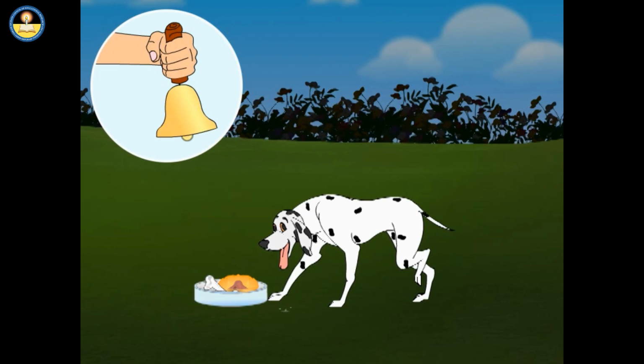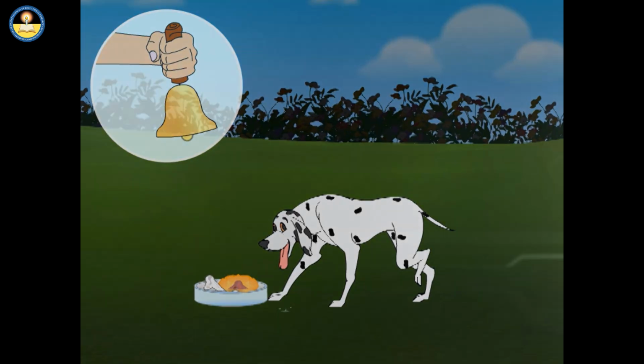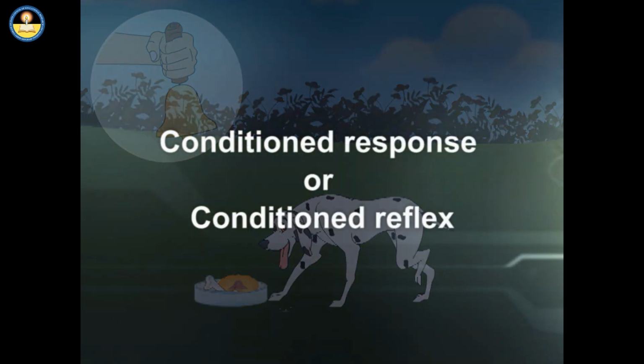So the dog had learned an association between the bell and the food, and a new behavior had been learned. Because this response was learned or conditioned, it was called a conditioned response or conditioned reflex.